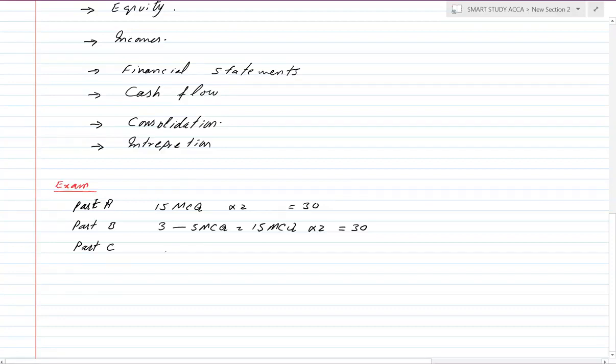And when we move towards part C of your syllabus, in part C of your exams, you have 2 long questions, 20 marks each.